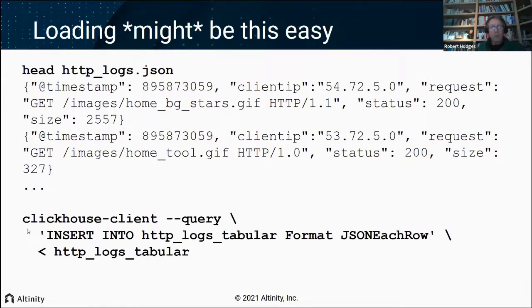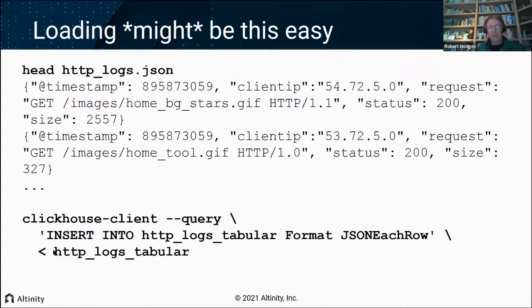So we just run the ClickHouse client. That's the tool you typically use. You can also push it up through the HTTP interface using curl, or build a Node application, or use Python. There's lots of ways to load it. This is the simplest one, but this will load that data in a single command. You're giving ClickHouse client this insert query, and you're saying, I'm going to insert this, and here's the format the data is in.